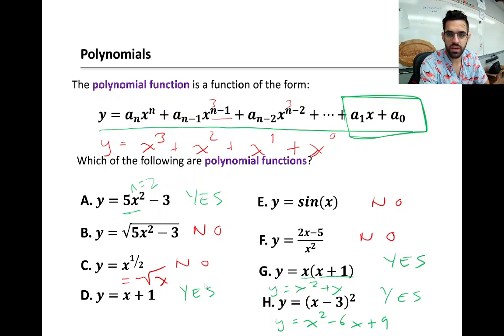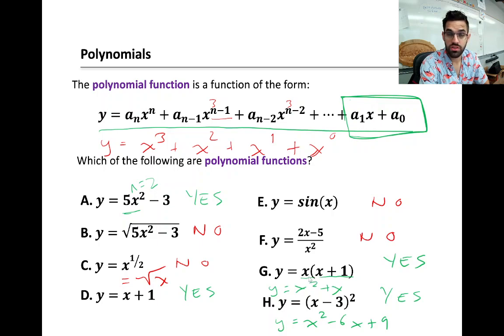D is, it's like a polynomial with an x with the power of 1. E is not a polynomial. A sine function is a trig function. F is not a polynomial function. It's a rational function, as in it's got a fraction. The numerator is a polynomial and the denominator is a polynomial, but altogether it's not a polynomial function.